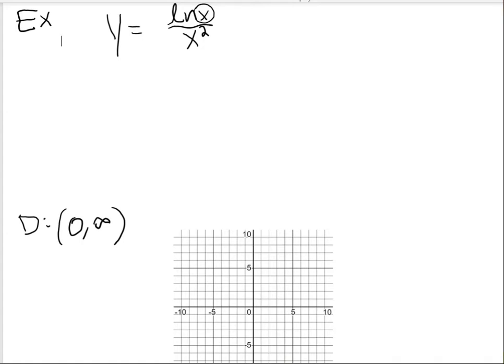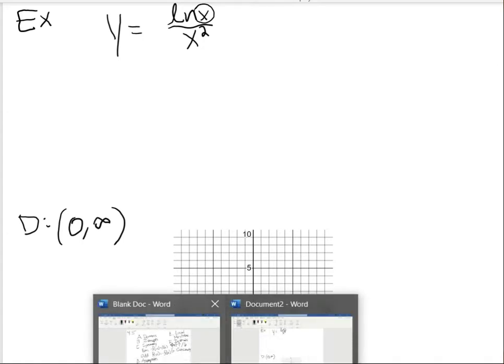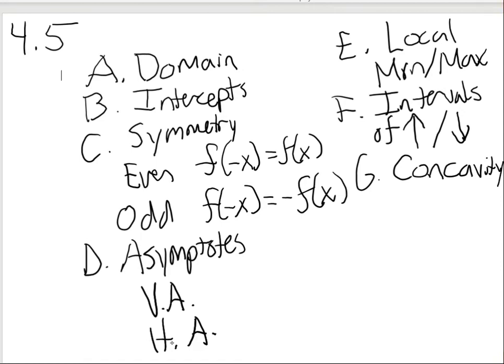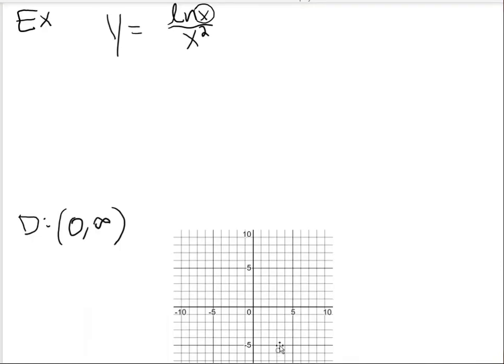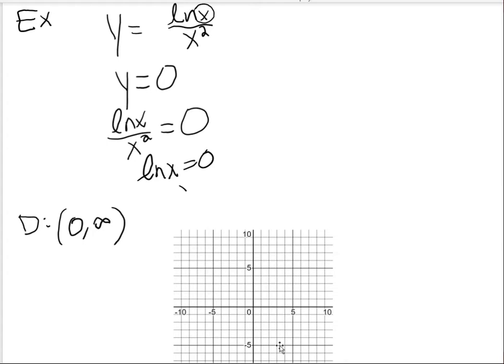Okay, so what's next after we find the domain? Well, we need to find the intercepts. So you set y equals 0, and you see what you get. So natural log of x over x squared equals 0. So natural log of x equals 0, that is x equals e to the 0, or 1.